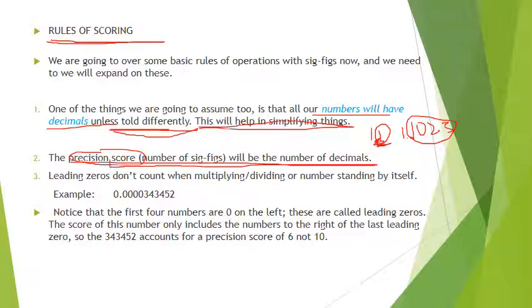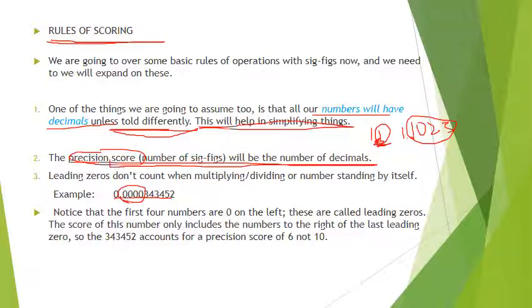Now there's going to be a couple of things. Sometimes you get a number like 0.000343452. And there's going to be different ways to account for these zeros that are in front of these guys. Do we count them as real?